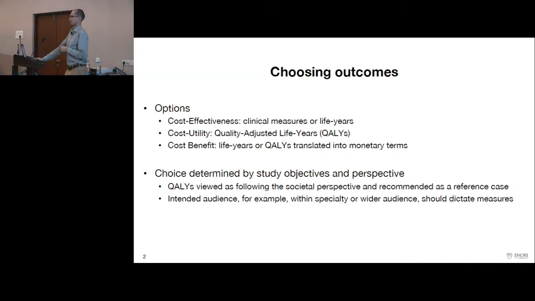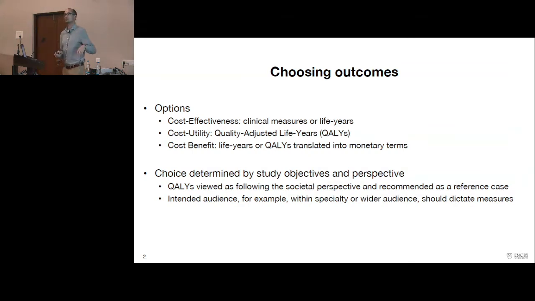To measure health outcomes, we have a bunch of options. We can either measure health gains or losses in terms of the so-called natural units. A natural unit would be, for example, cases of flu prevented, number of myocardial infarctions prevented, or number of life years saved.